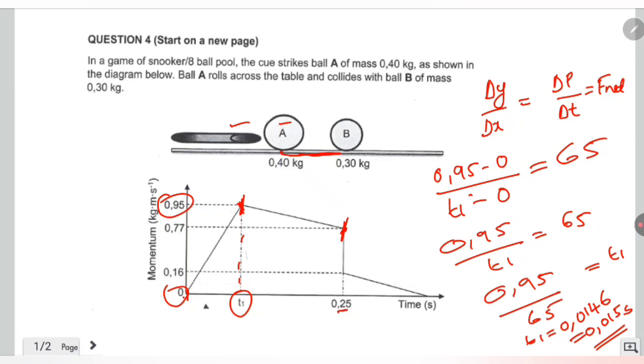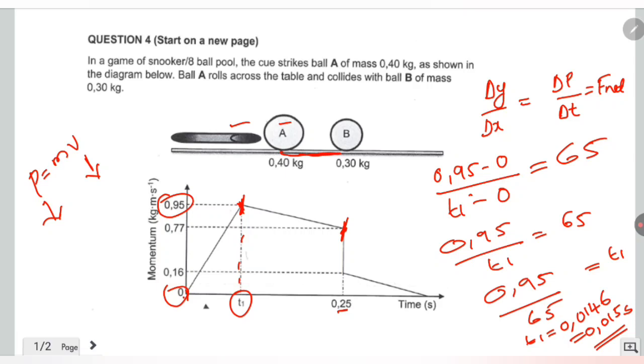Momentum P is equal to m times v. There is no change in the mass of ball A, so if momentum changes, what changes is the velocity. Momentum decreases means velocity also decreases. What makes the velocity decrease is obviously the friction of the surface.